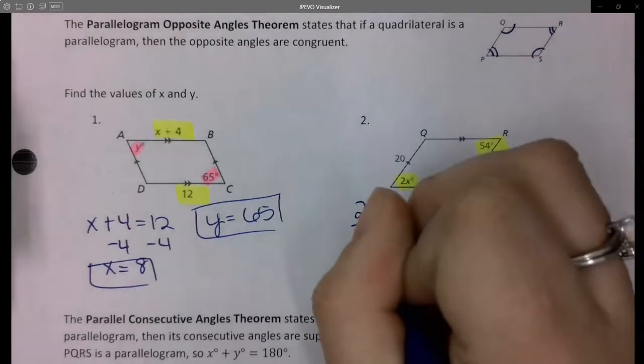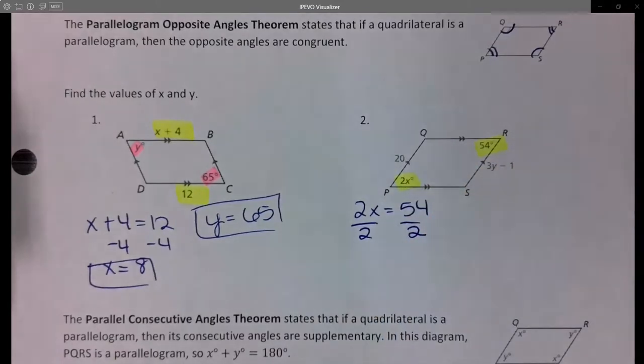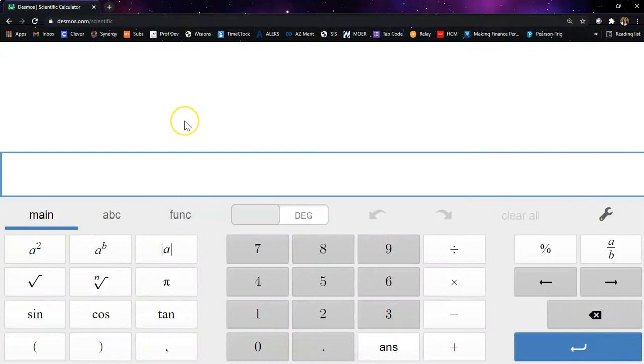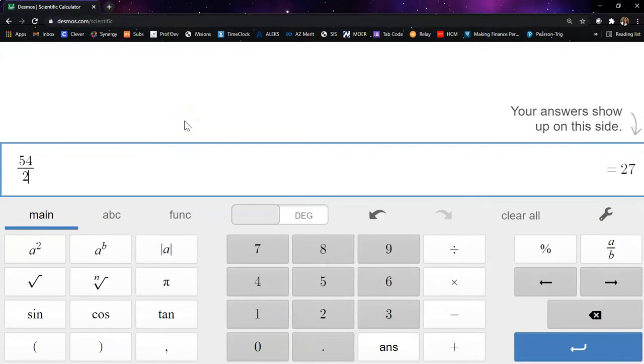Then to get x alone, I want to divide both sides by 2. So then I want to do 54 divided by 2, which gets me 27.